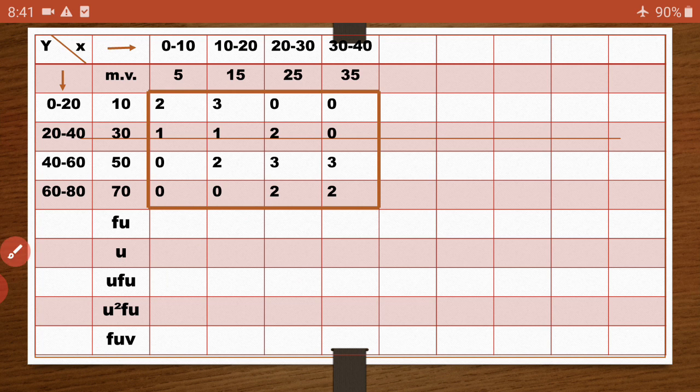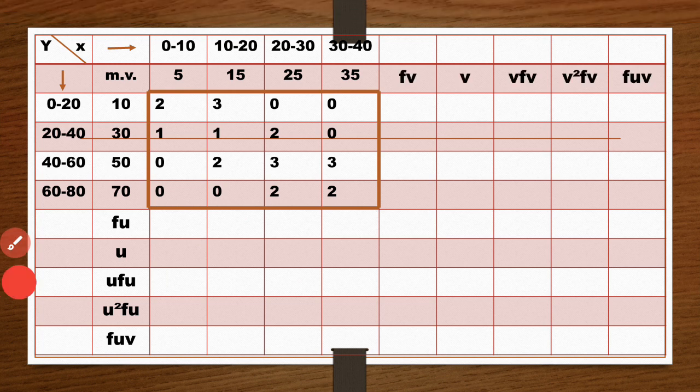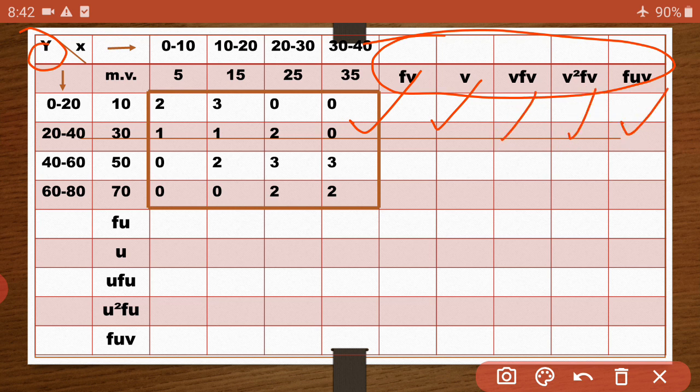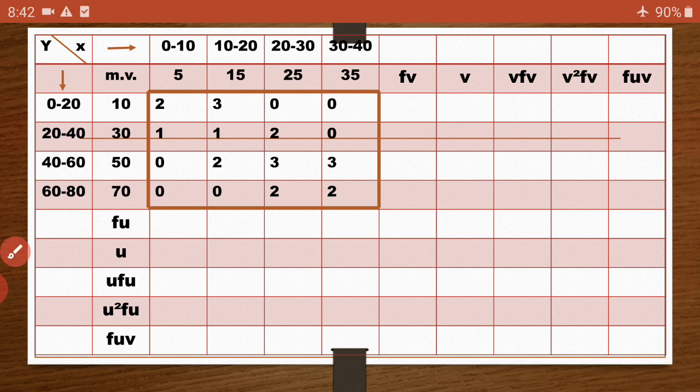Then for y, similarly you write the information: fv, v, vfv, v square fv and fuv. So these are the 5 values, the same 5 values for x and similarly 5 values for y, as in correlation also.